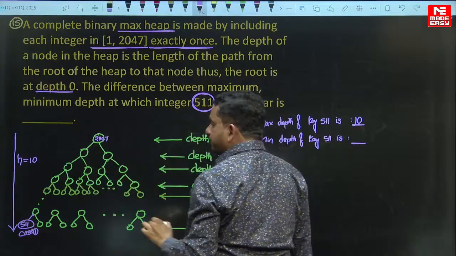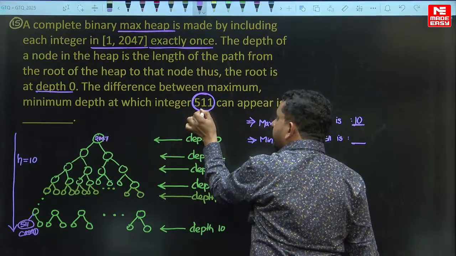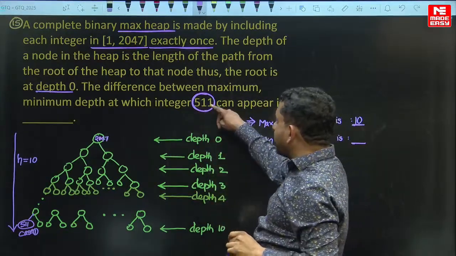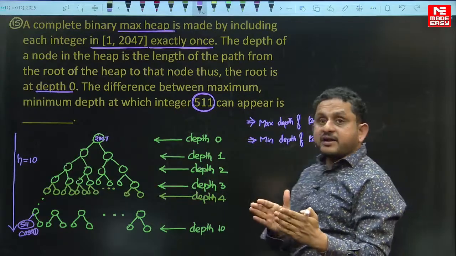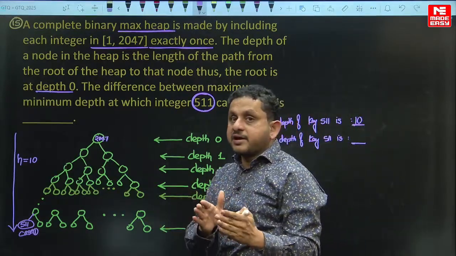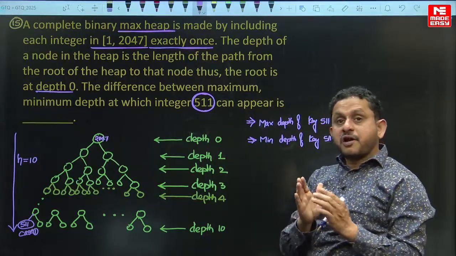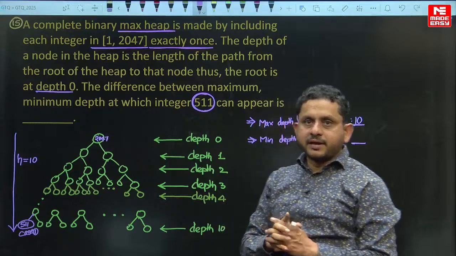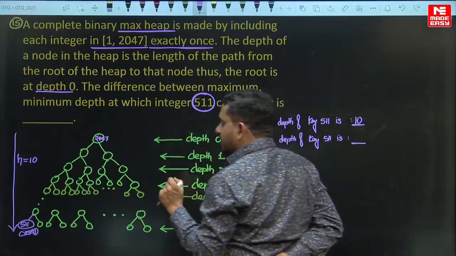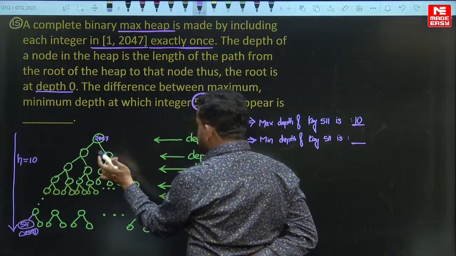The element is 511, which means 510 keys are smaller than 511. Because of that, it can't come to level 1, depth 1.